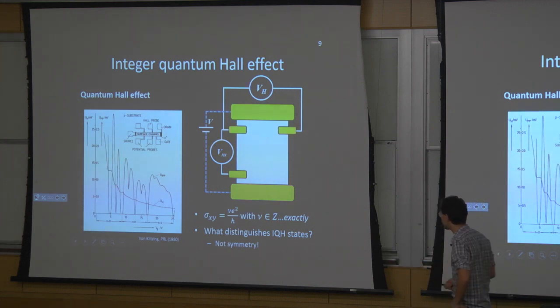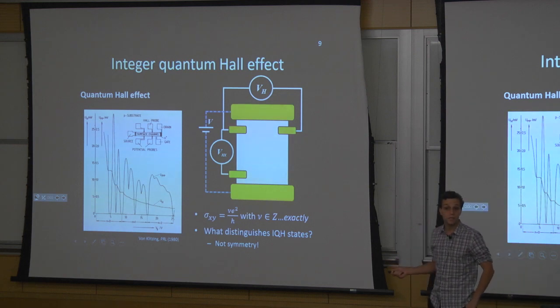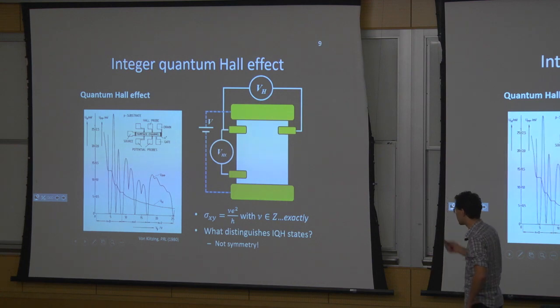And this quantization was nothing to joke about. If you measured sigma xy, they found that in fact it was a multiple of just some elementary constants, e squared, the elementary charge, and Planck's constant, times some integer, to an exceptionally high degree of precision. So 5 digits, I think, in the first measurement.